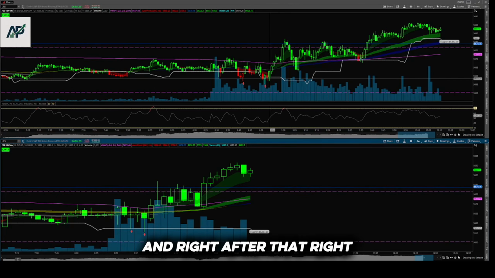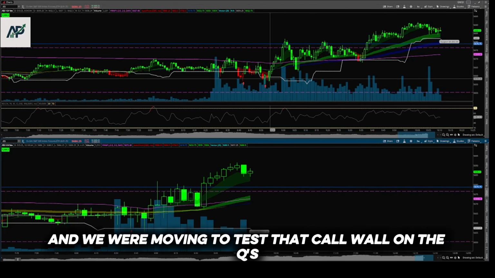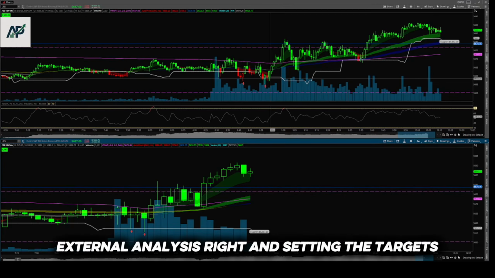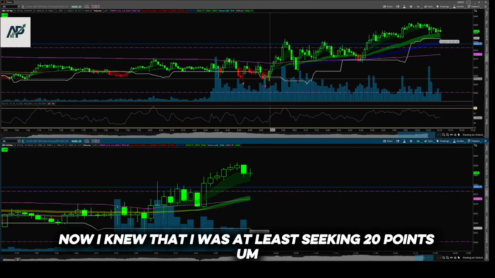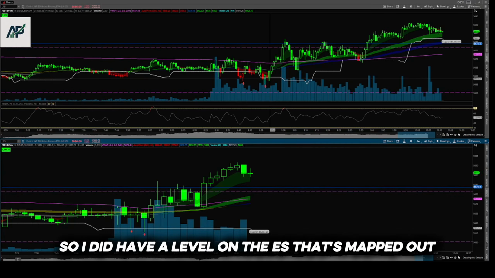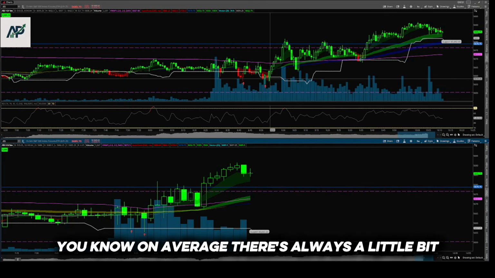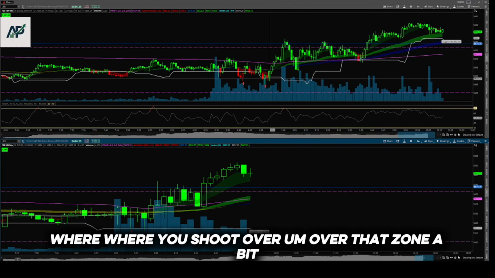And right after that, we had that strong reaction and we were moving to test that call wall on the Qs, right? So you can see how I'm starting to piece together some of that external analysis and setting the targets. Now, I knew that I was at least seeking 20 points, so I did have a level on ES that's mapped out where I was seeking to test, knowing that on average there's always a little bit where you shoot over that zone a bit.